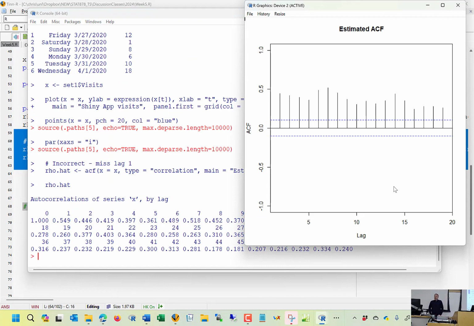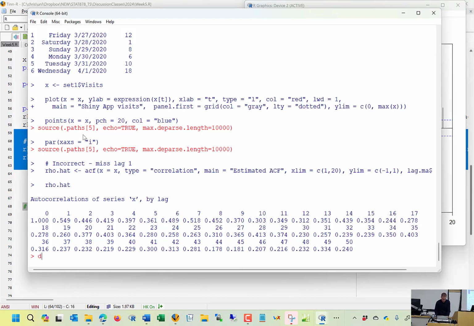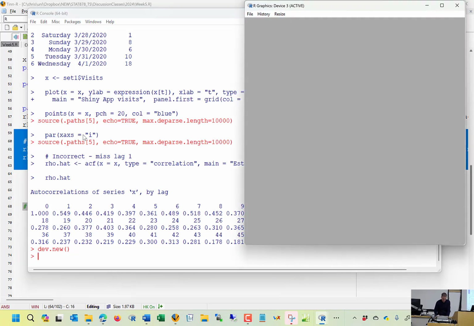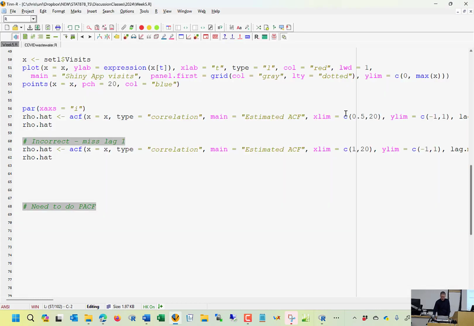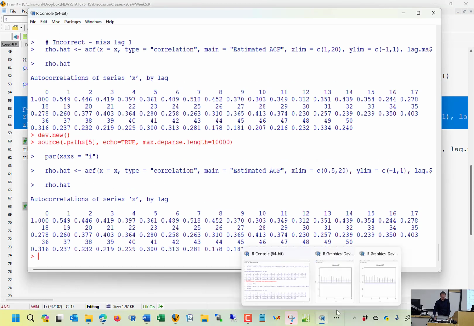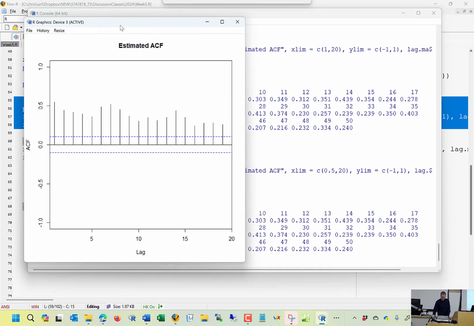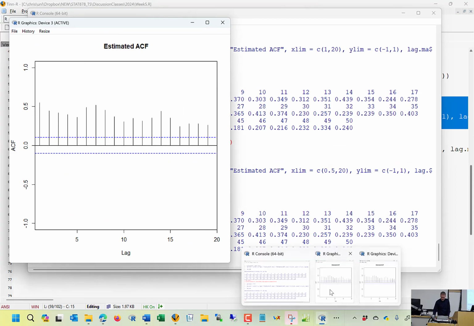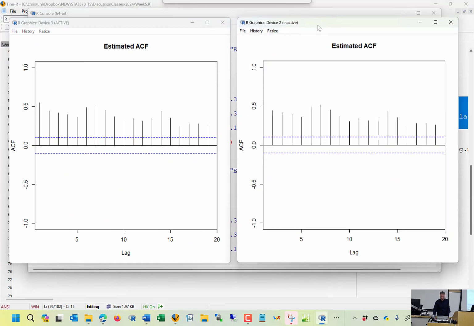And you might be thinking, okay, everything's okay. But let me open up a new graphics window so we can compare. And suppose instead I do my x-axis limits, I start at 0.5 instead. The plot on the left is what I just got. The plot on the right is what I first did. And you can see there's a little bit of a difference for that early lag.